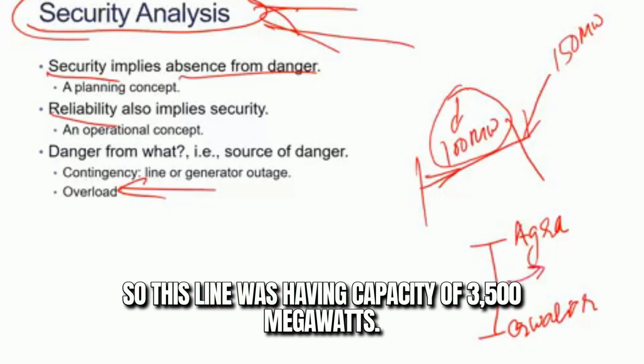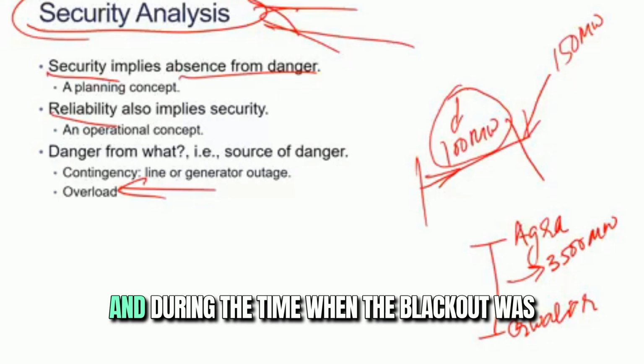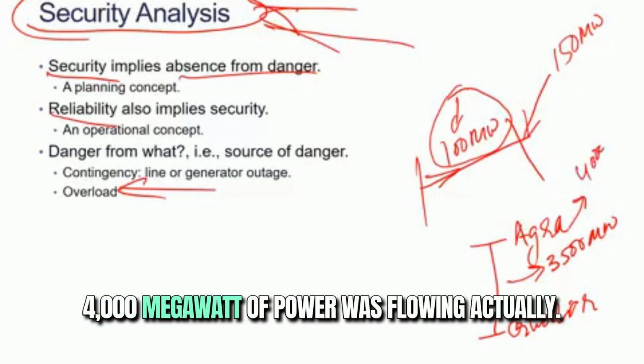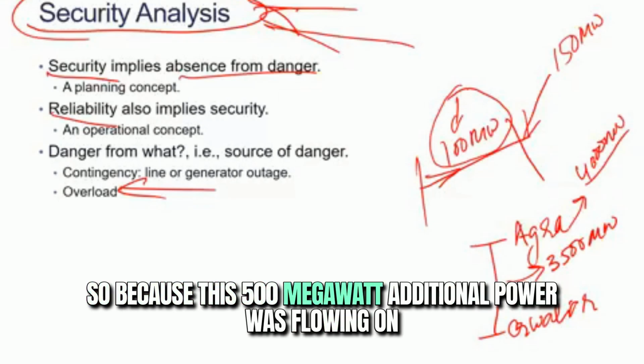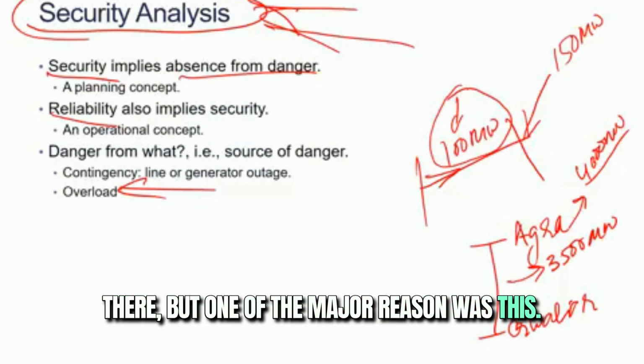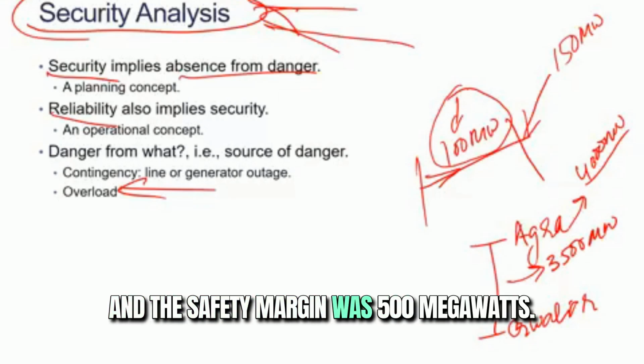This line had a capacity of 3,500 megawatts, and during the time when the blackout took place, around 4,000 megawatt of power was flowing on this line. There were obviously a lot of parallel reasons, but one of the major reasons was this high power flowing on this line, and the safety margin was 500 megawatts.